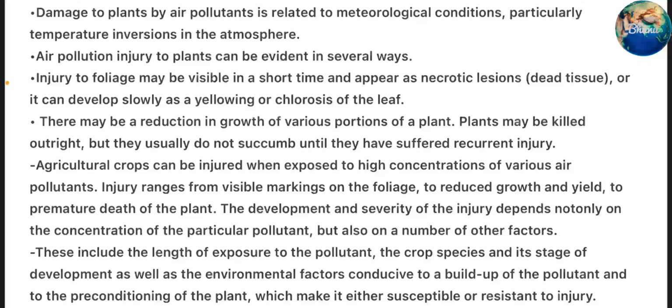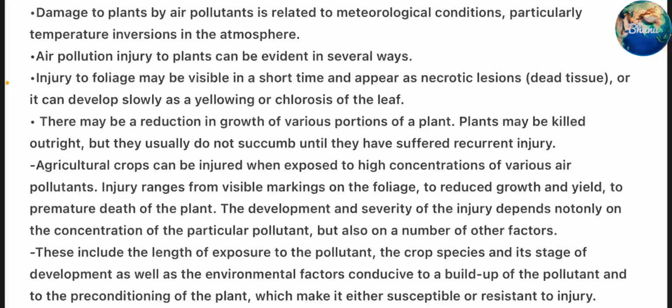Agricultural crops can be injured when exposed to high concentrations of various air pollutants. Injury ranges from visible markings on the foliage to reduced growth and yield to premature death of the plant. The development and severity of the injury depends not only on the concentration of the particular pollutant but also on a number of other factors.